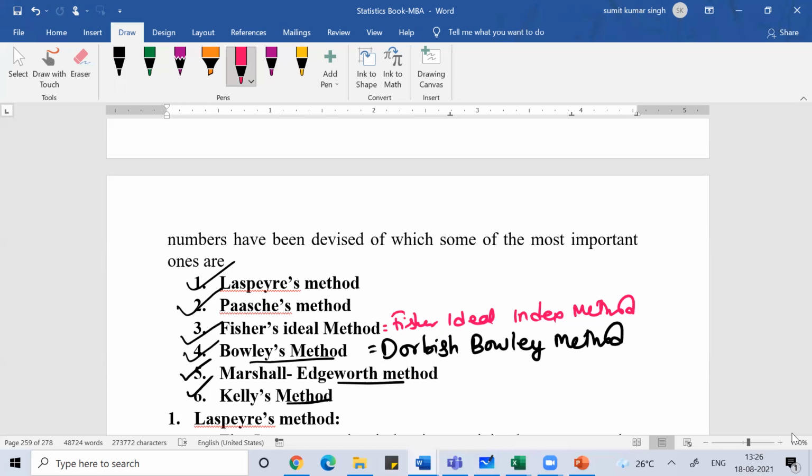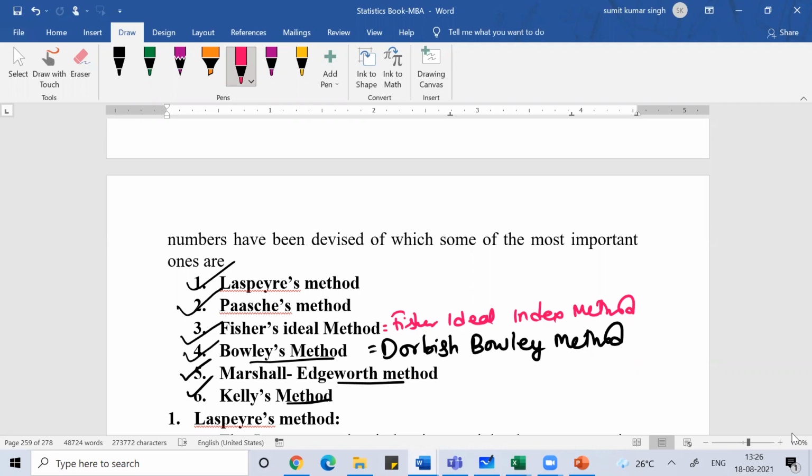What is the time reversal test? What is the factor reversal test? I will discuss that with you in future, but both are very important from an exam perspective. So if I'm using the Fisher method, we call it the Fisher ideal index method.